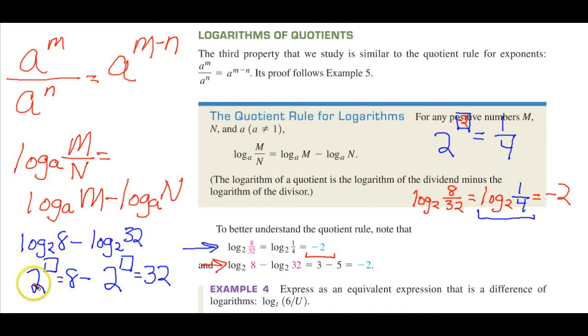What is our exponent? Well, we're going to have 2 to the 3rd power equals 8. And then minus log base 2 of what to give you 32? Well, this happens to be 5. Now, 3 minus 5 is a -2, which is what they have right there.